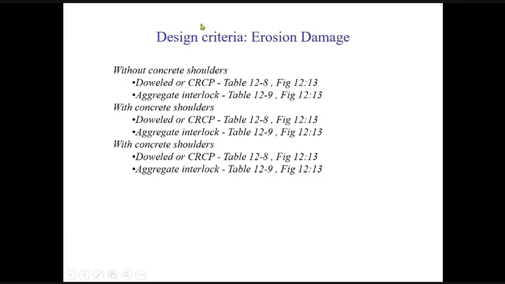These are the values where you will find the erosion damage for dowel, CRCP, dowel or CRCP, aggregate interlock, and all those different configurations of the rigid pavement.